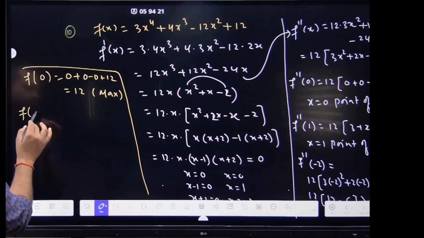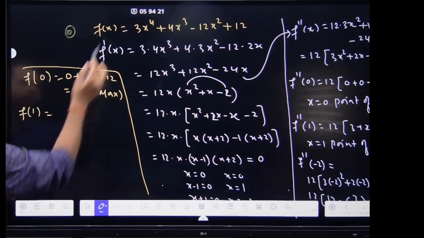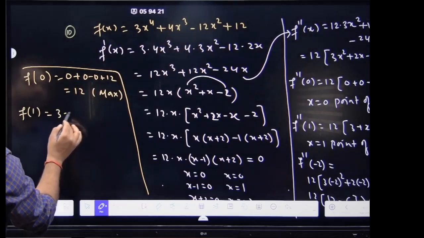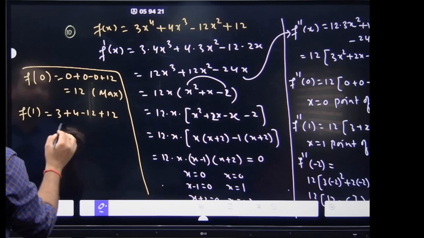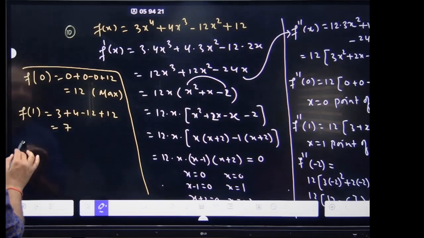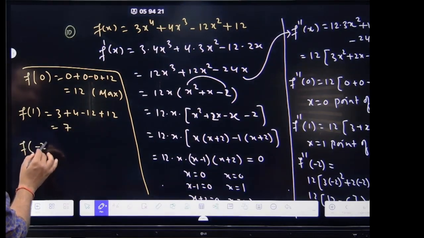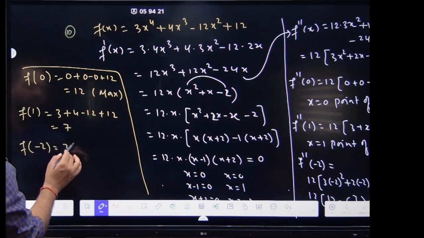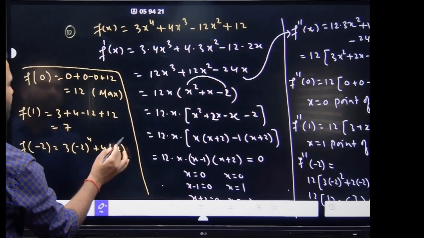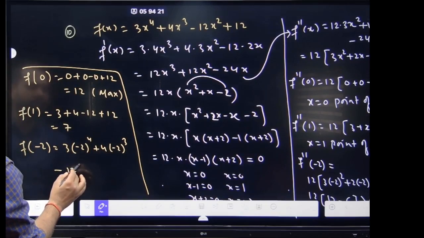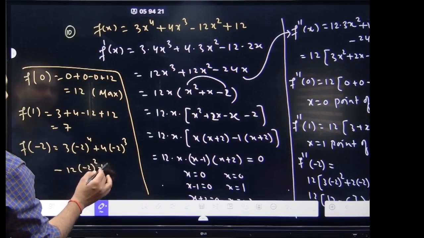F of 1, you tell me how much it will be. 1 you substitute in that, 3 plus 4 minus 12 plus 12. 12 gets cancelled, 7. F of minus 2, you tell me how much it will be. 3 into minus 2 to the power 4 plus 4 into minus 2 to the power cube minus 12 into minus 2 whole square plus 12.